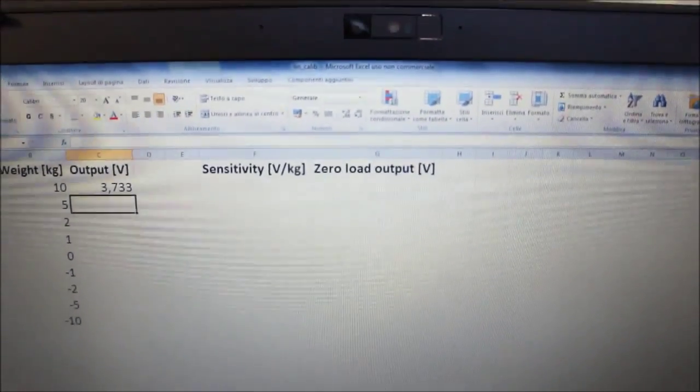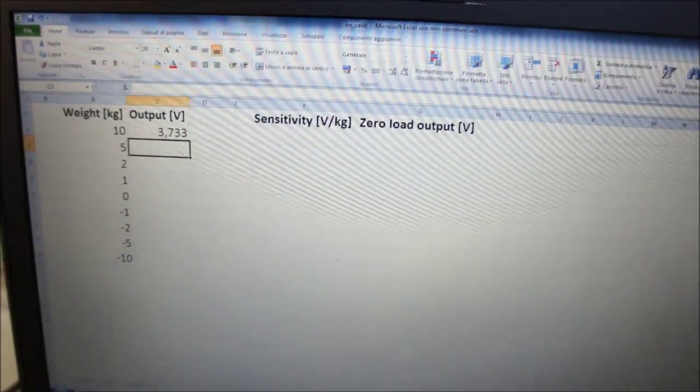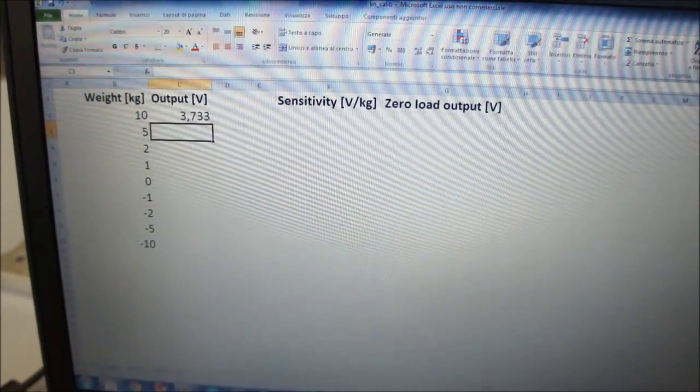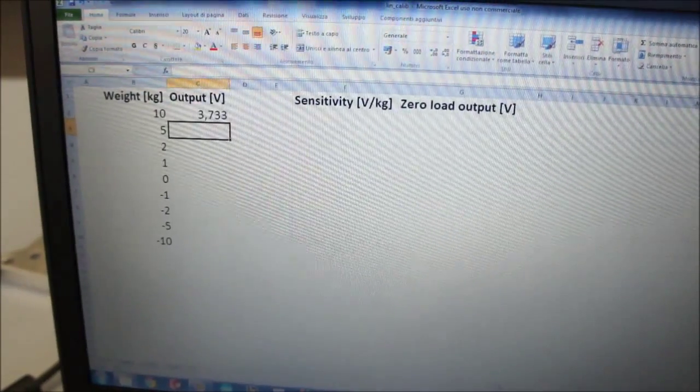Otherwise, the relationship between the force applied and the output of my circuit is no longer valid. So what you have to do is lock the level.